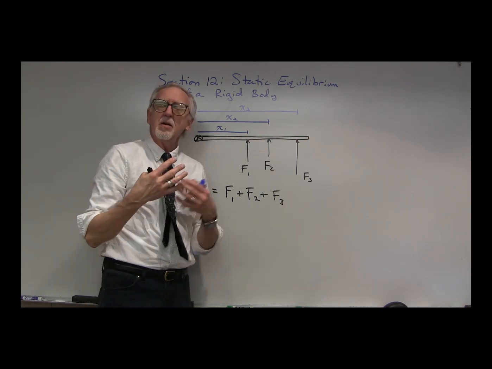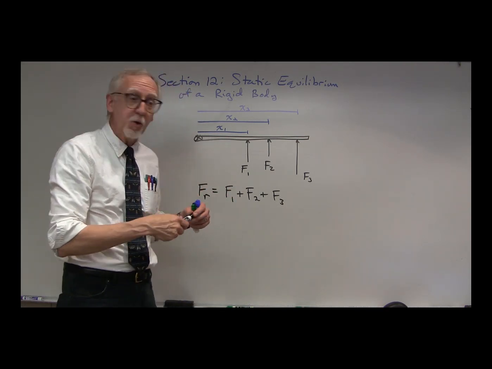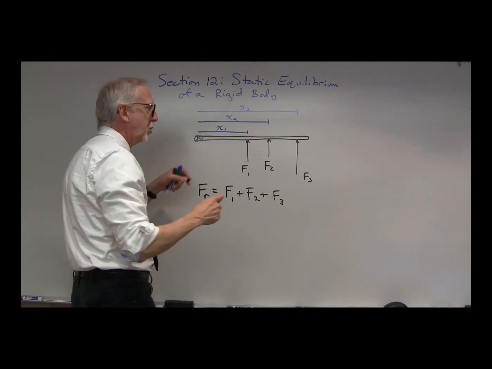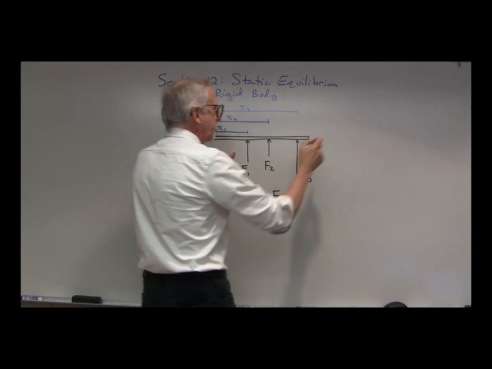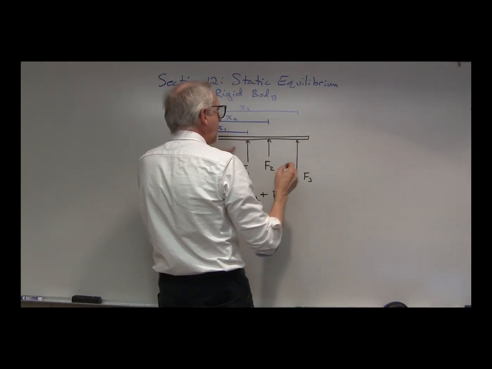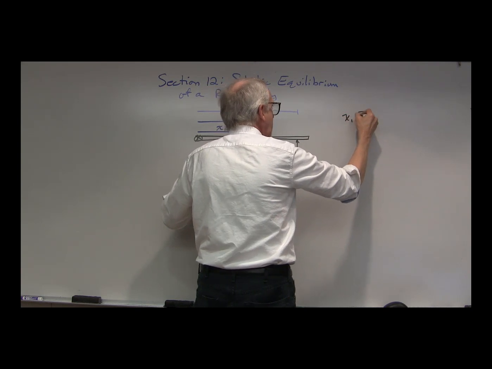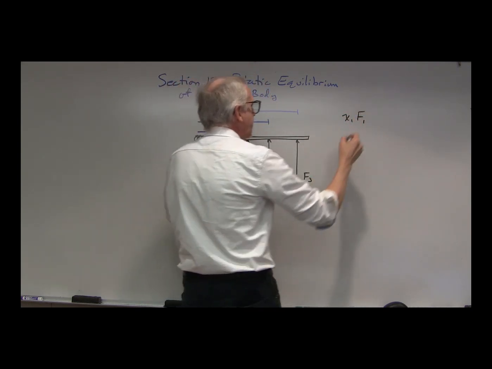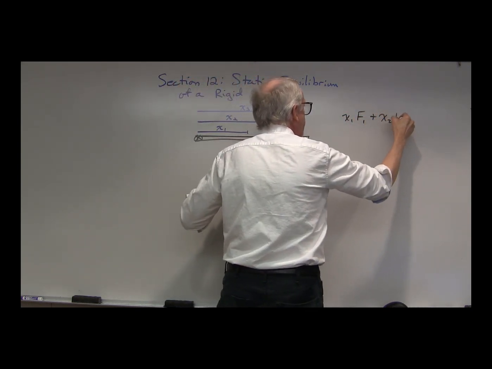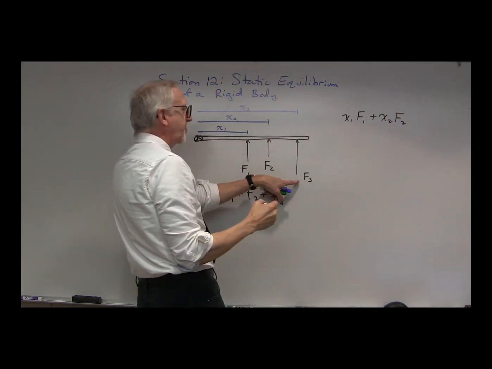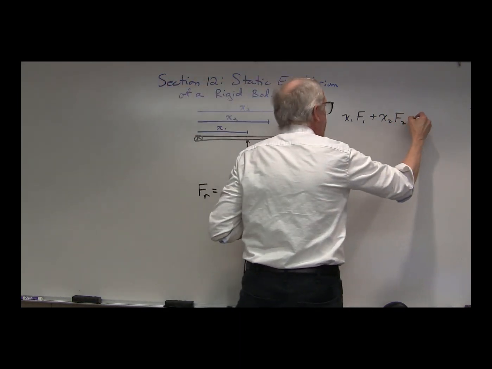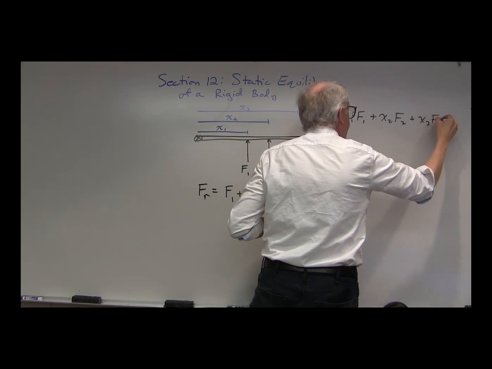Well, we want the torques to be equal. In other words, what's the net torque from these three forces? We have the torque from F1 would be x1 F1. The torque from F2 would be x2 F2. The torque from F3 would be plus x3 F3.